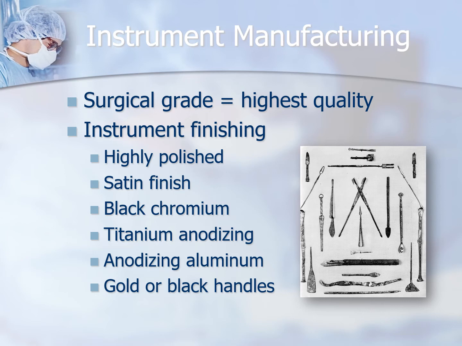And a lot of times we see this in the needle holders. We see that black insert on the jaw of the needle holder, and that helps to give a better grip on the needle so that it doesn't slip or rotate. It is also more long lasting. It stands up to wear, I guess I should say, for a longer period of time.